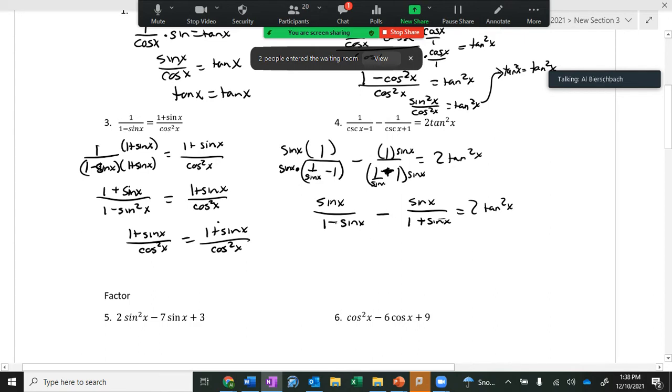So then you've got to get a common denominator, so multiply this one by 1 plus sine of x, and the second one by 1 minus sine of x. Since these are conjugates that we multiplied by, we get 1 minus sine squared of x as my denominator. My numerator, I get sine of x plus sine squared of x minus sine of x minus sine squared of x.